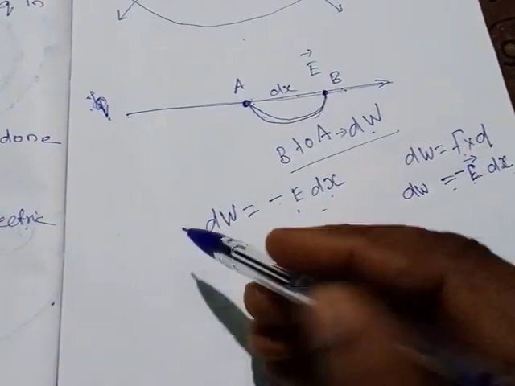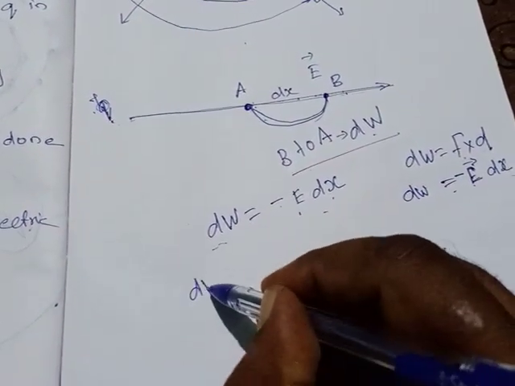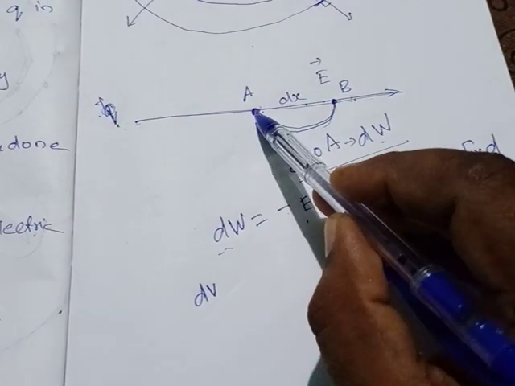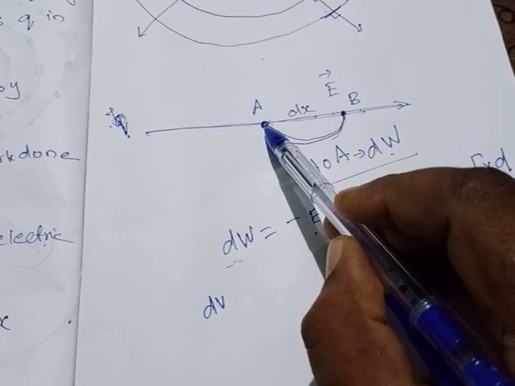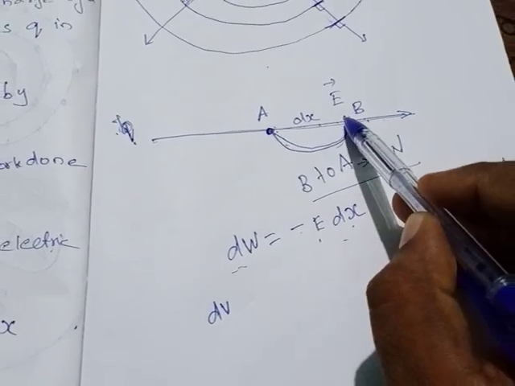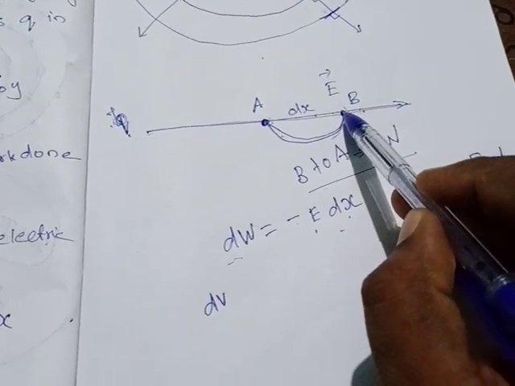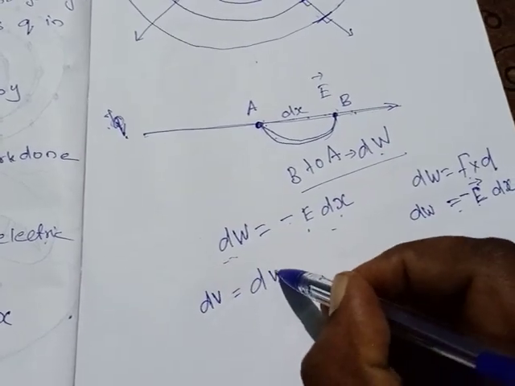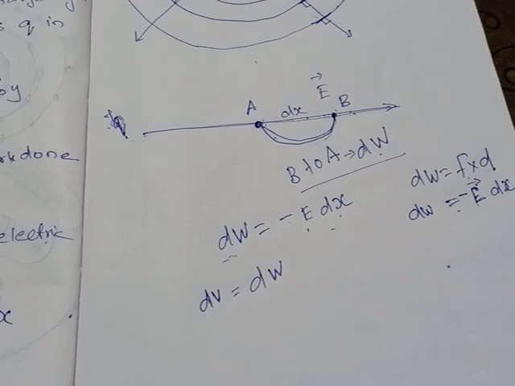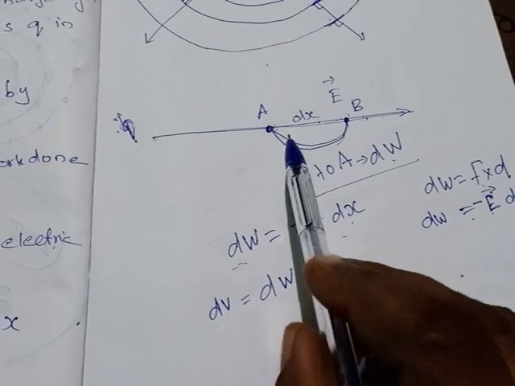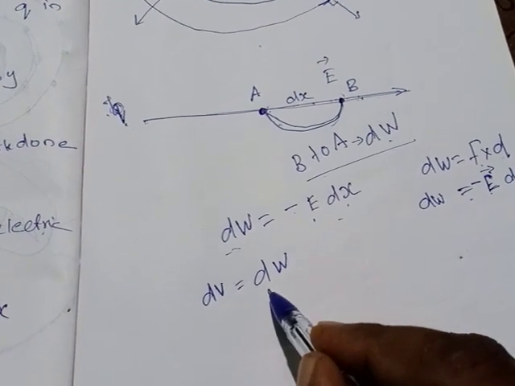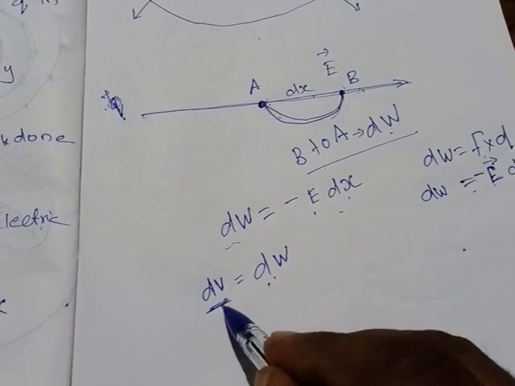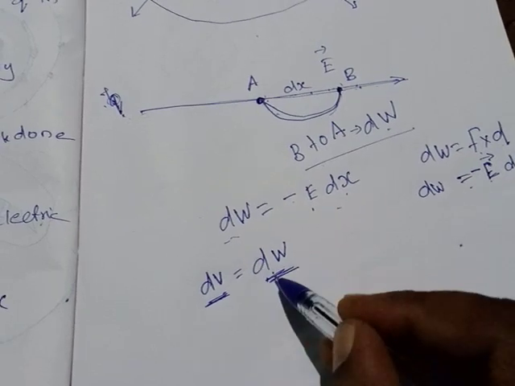So we can take the potential difference as dV. The work done from this point to this point is the same. So we can write the potential difference is equal to the work done.